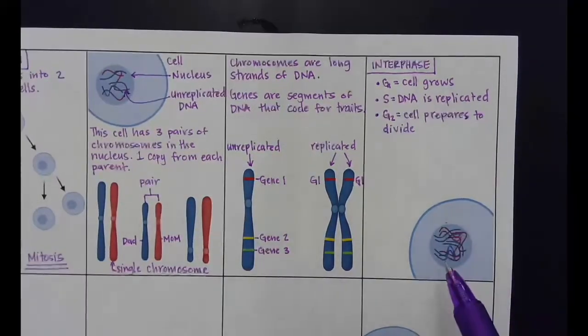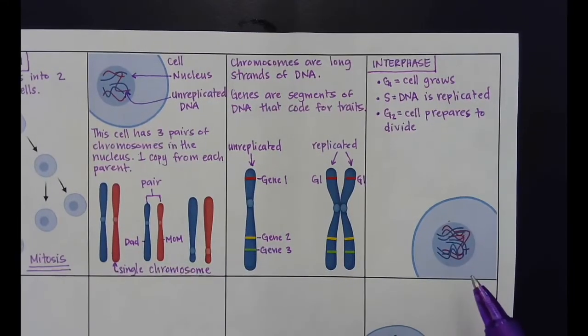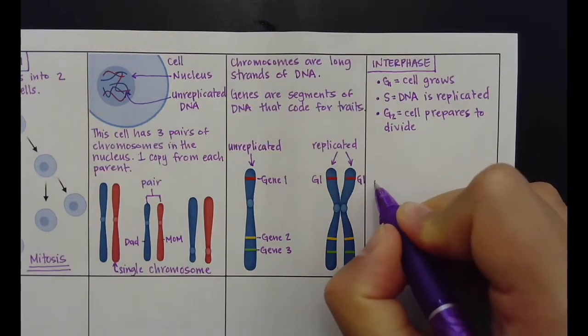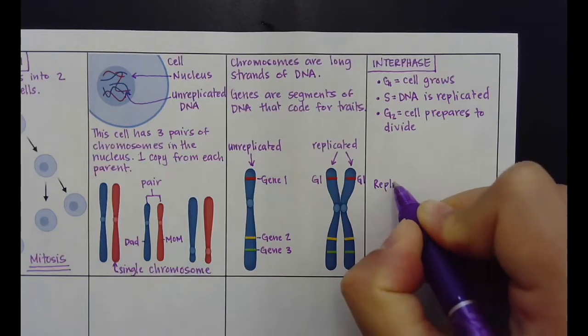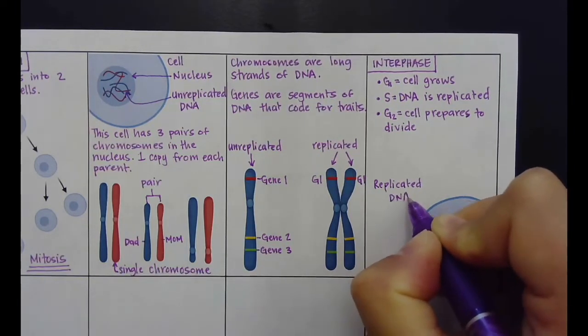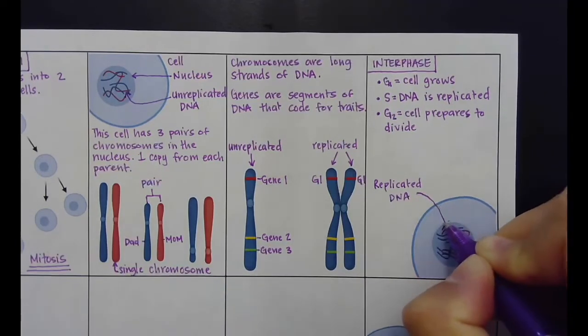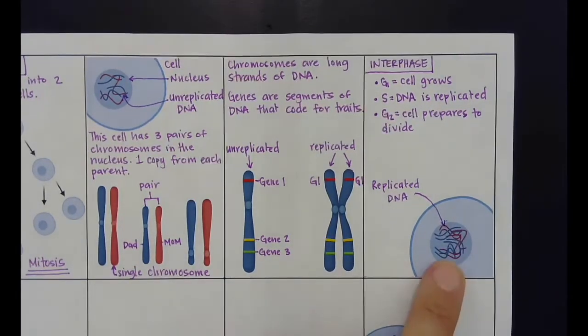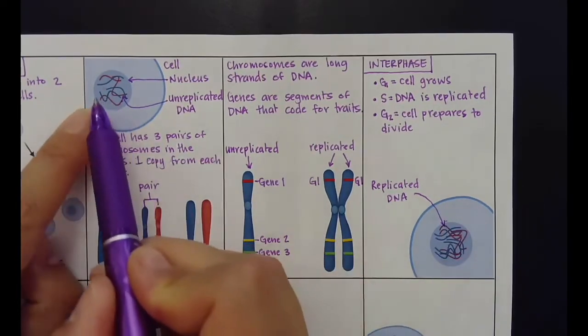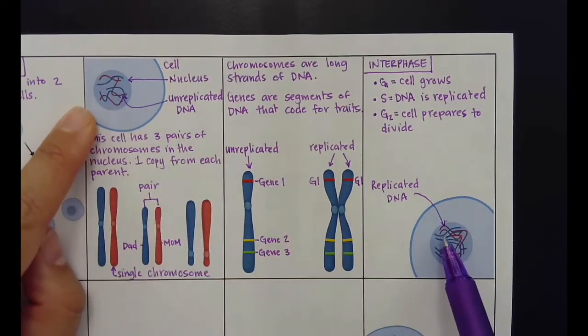And so what we have here is we have the replicated DNA still inside of the nucleus. So if we compare this image to this image, we can see that each of these single strands of DNA has now been replicated and it has its perfect match on top of it.